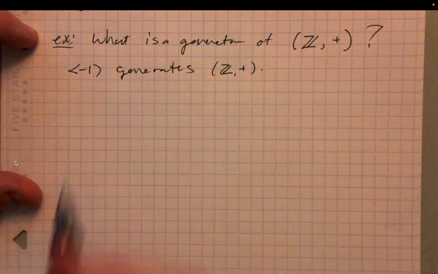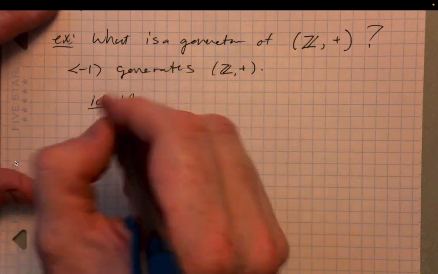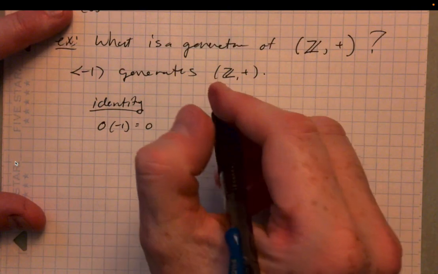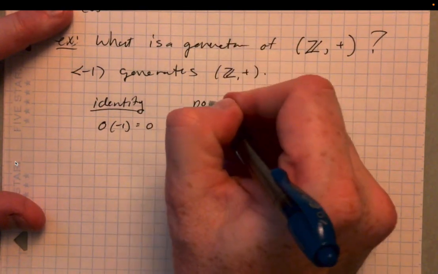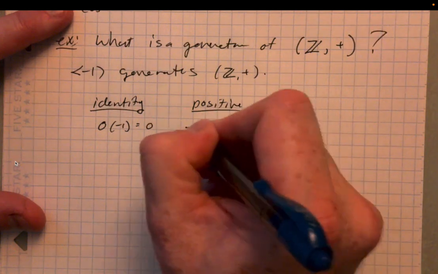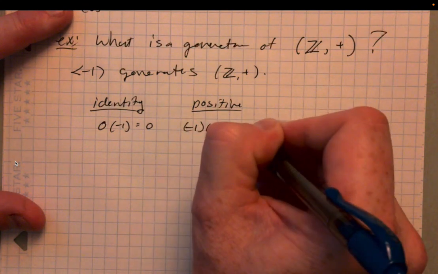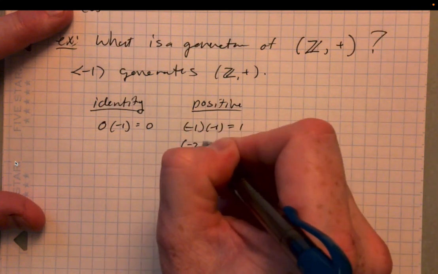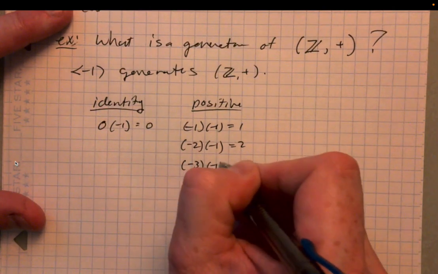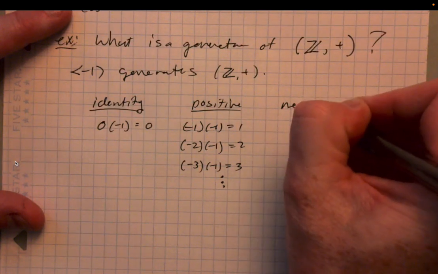That's interesting. Right, so you get the identity. It's just 0 times -1 is 0. You get all the positive integers by using the negatives. So -1 times -1 is 1. -2 times -1 is 2. -3 times -1 is 3, and so on. And you get all the negatives as well.